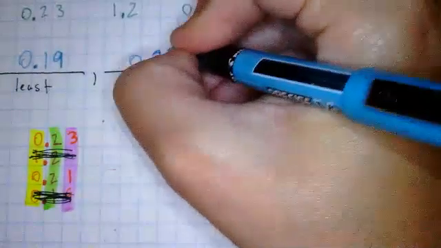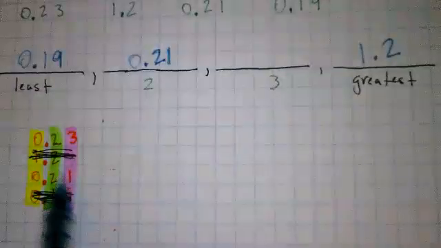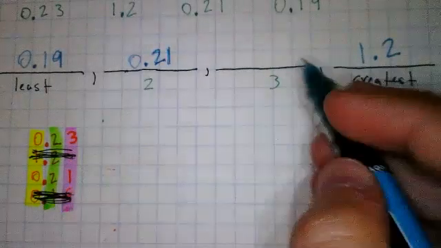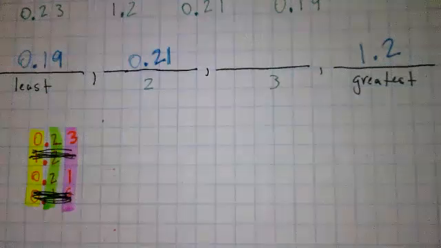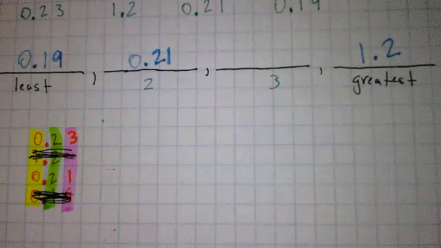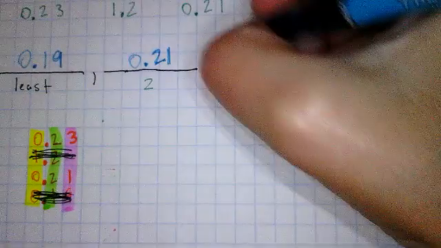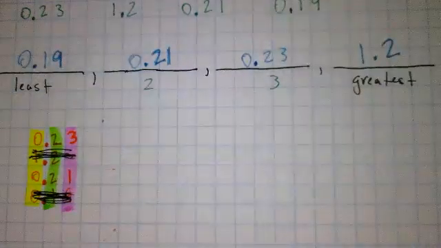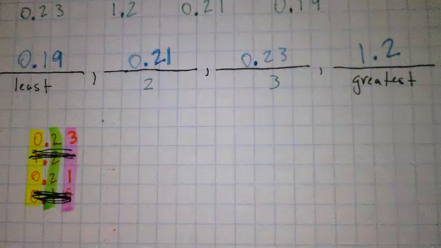Okay. Because 21 here is smaller than 23. So, Vincent, what number has to go right here then? Yeah, 0 point is how we say it. But yes, 0.23. Now we have them in the correct order from least to greatest.